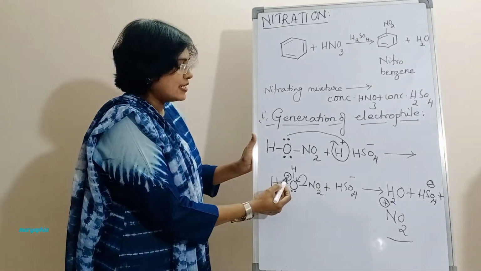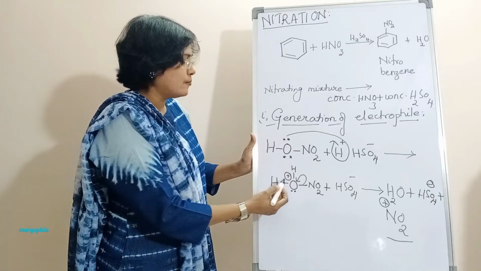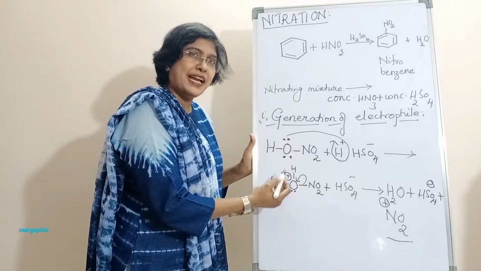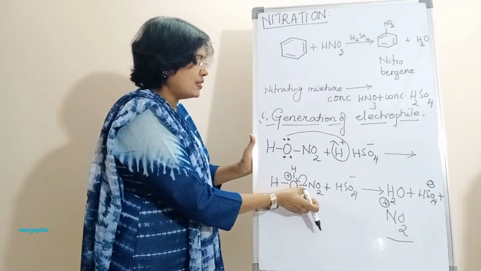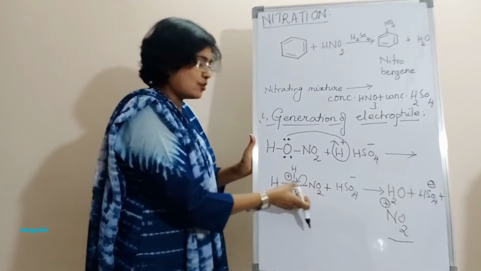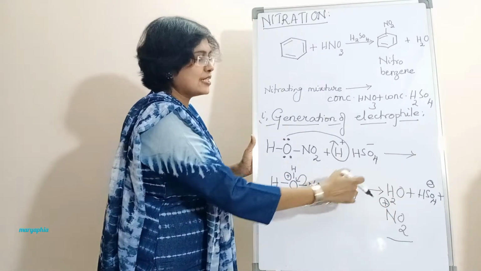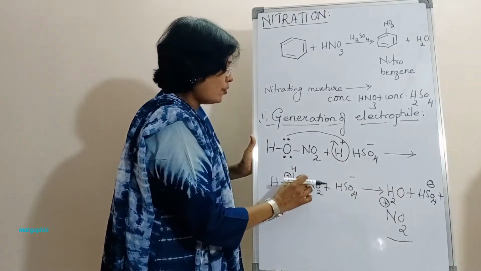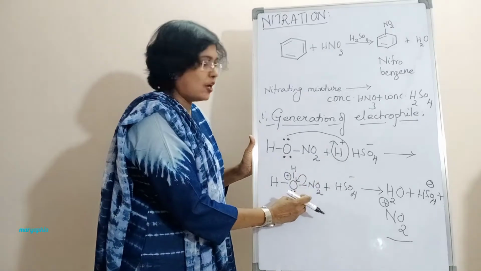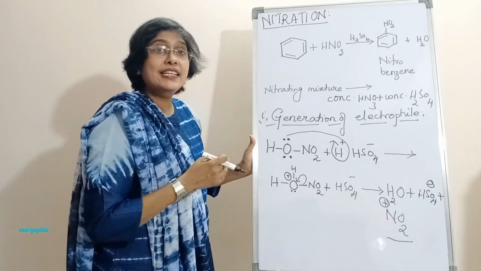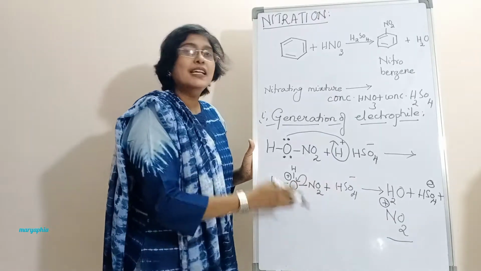Now oxygen acquires a positive charge because one of its lone pairs of electrons is involved in the bond formation. Now how is this positive charge satisfied? It draws the two electrons in the bond between oxygen and nitrogen towards itself, so that H2O comes out plus HSO4 minus plus NO2 plus. Now nitrogen gets a positive charge because it has lost the electrons, and hence this is called the nitronium ion, which is the electrophile.